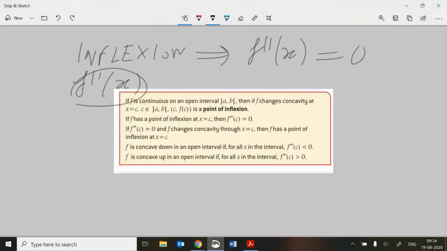Okay, so f dash dash of x is equal to 0 doesn't show that we have a point of inflection.